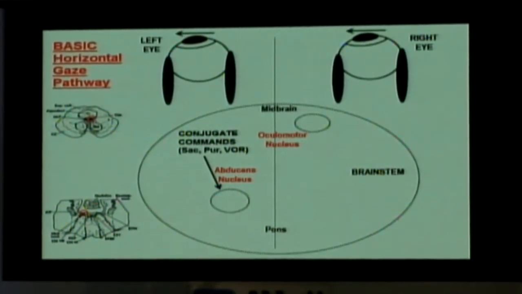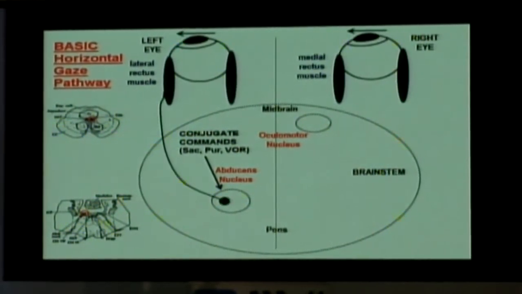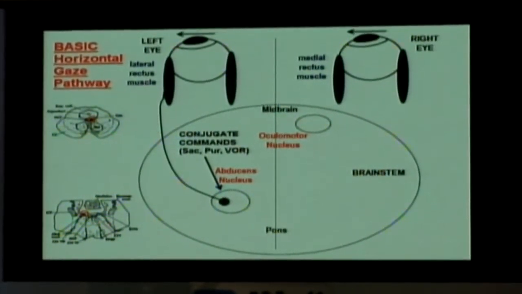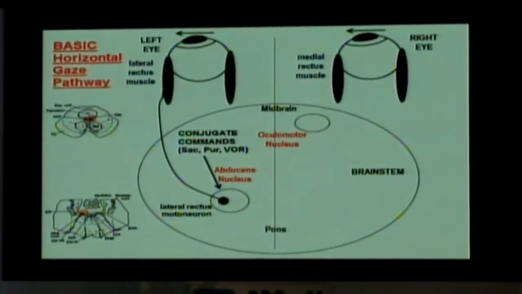And to make a leftward eye movement, the left eye goes to the left, right eye goes to the left. We innervate the lateral rectus, we innervate the medial rectus of the right eye, and we have a command coming from the abducens nucleus to the lateral rectus. That's the motor neuron.